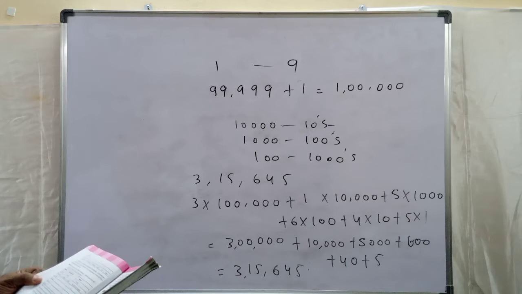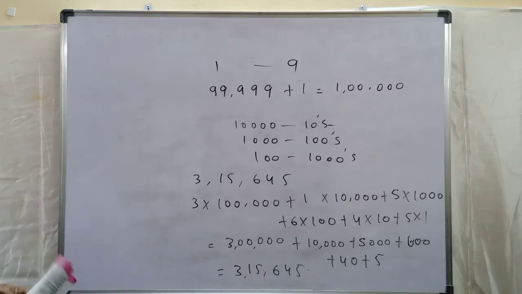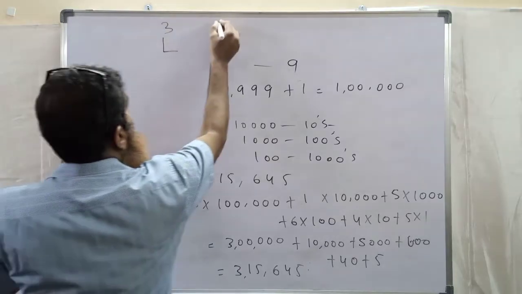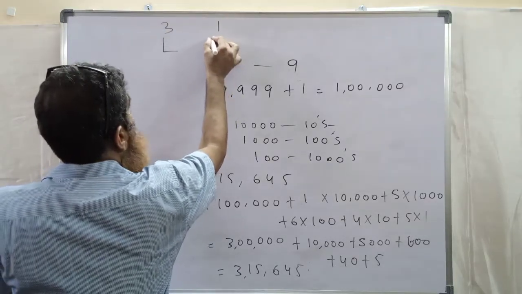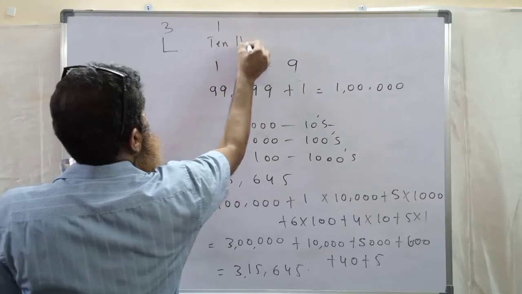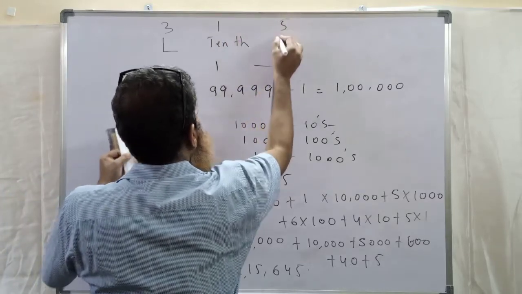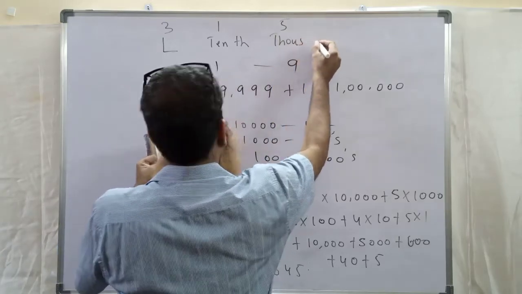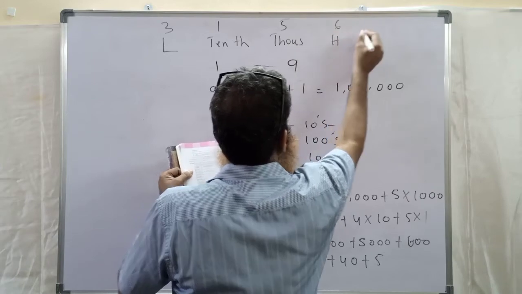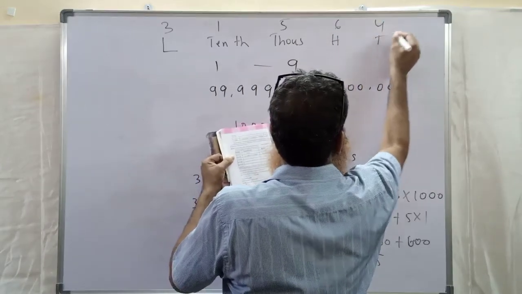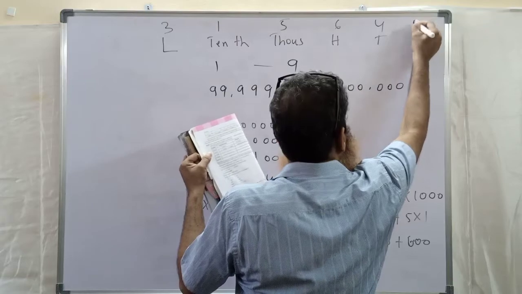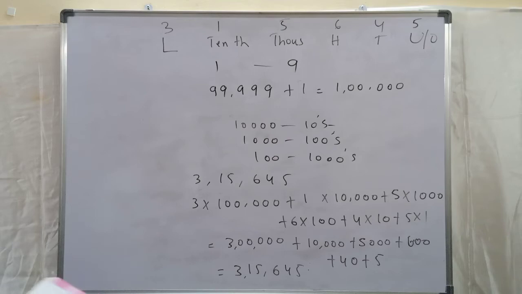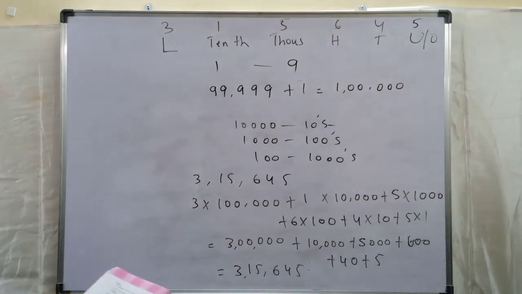Now turning to the next page, in the boxes, we can write it as 3 lakhs, then 1 in the place of 10,000, then 5 in the place of thousands, then 6 in the place of hundreds, 4 in the place of tens, and 5 in the place of units or ones. So this is 3,15,645.